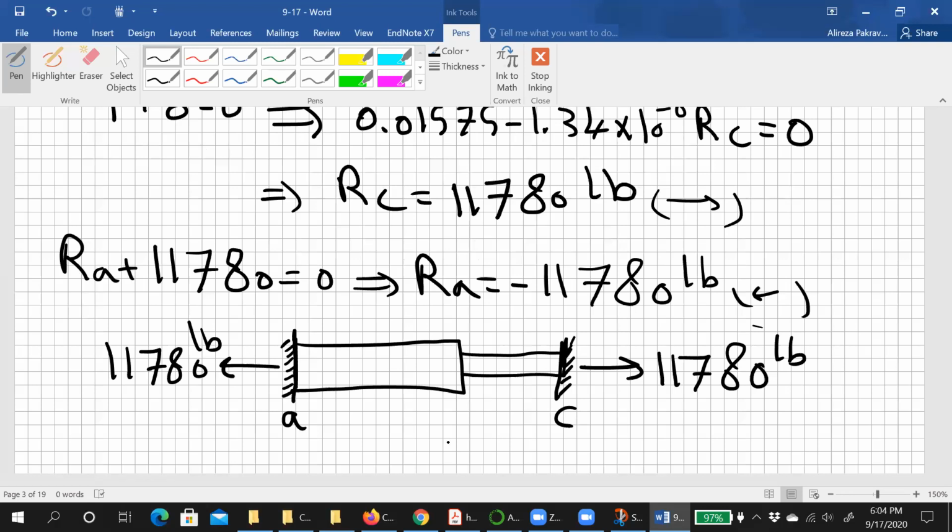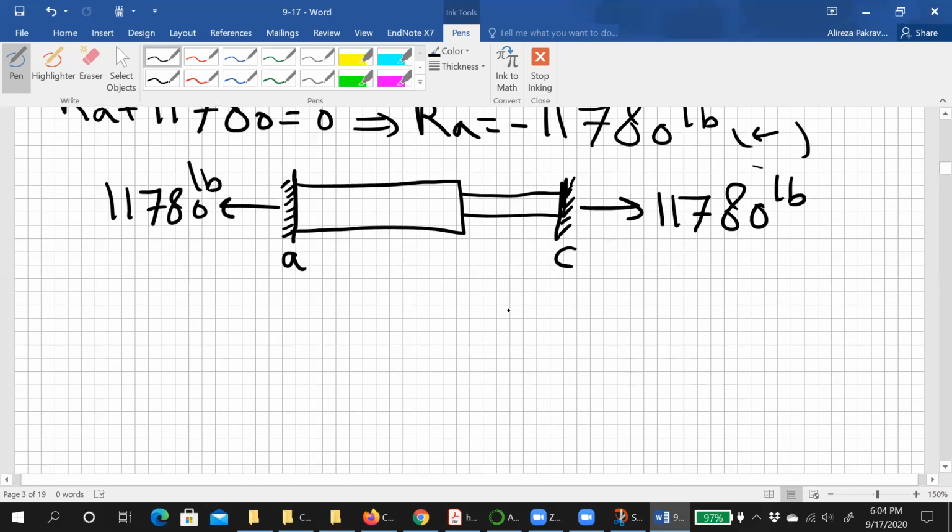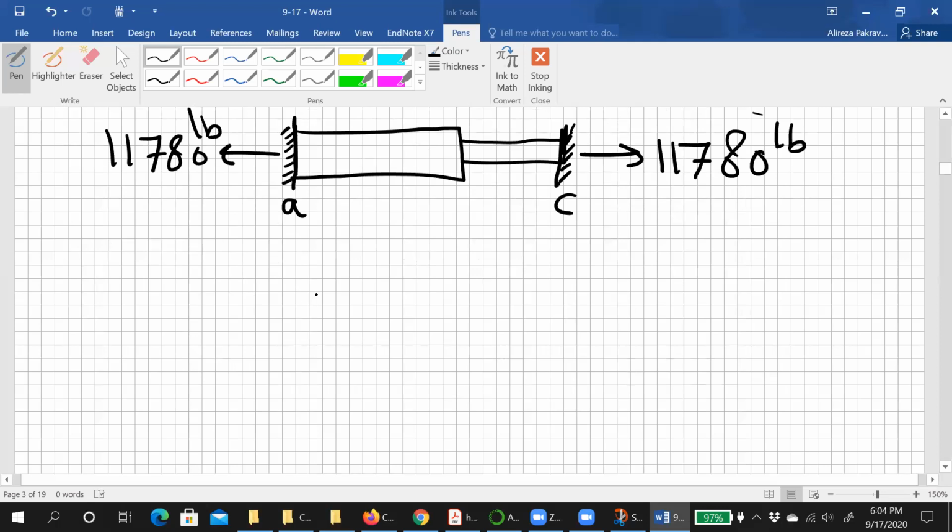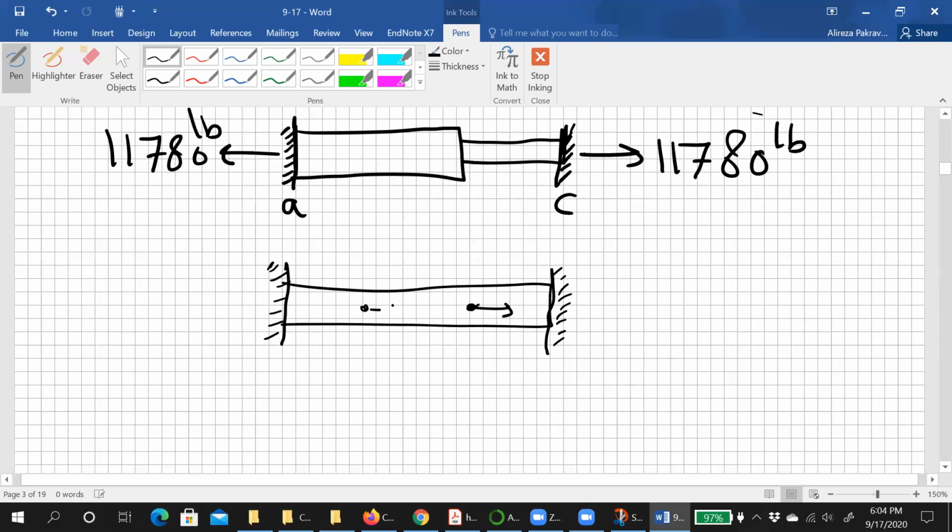Mm-hmm. If you have a problem, something like that, for example, if we have a bar, and this is like this. If you have also force here, or maybe other forces here, then we have multiple segments, right?